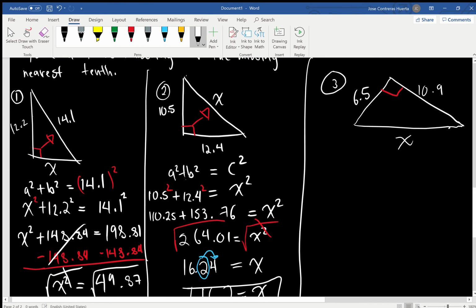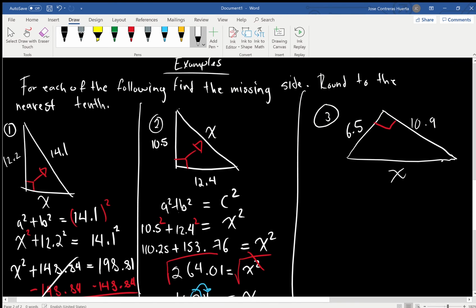All right, now for the last problem. Identify it for yourself. Is x going to be my hypotenuse, or is it going to be one of the shorter sides? In other words, what I'm asking is, is x the largest side, or is it one of the smaller sides? In this case, it's going to be the larger side, right?